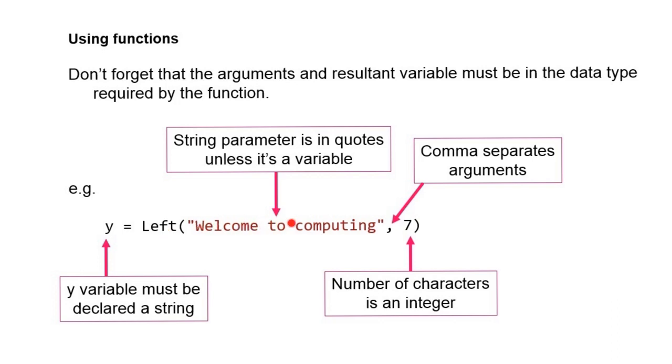The first parameter is a string. The second parameter is an integer. Notice that when we have multiple parameters we separate them by commas. Inside the left function what happens is we take the second parameter 7, extract the first 7 characters from this string. The result, which would be the word welcome, then gets returned and stored in Y.